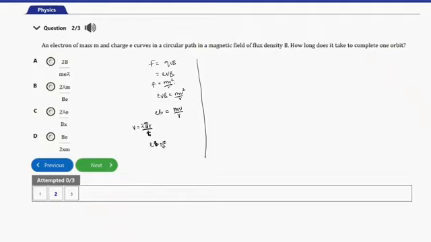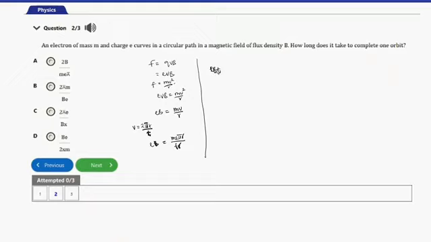So we can replace v as 2 pi r over t. So guys, the overall equation here now becomes eB is equal to m times 2 pi r over t times r.